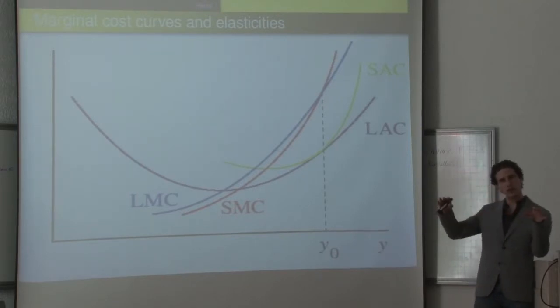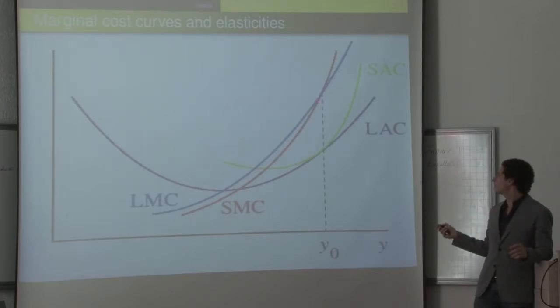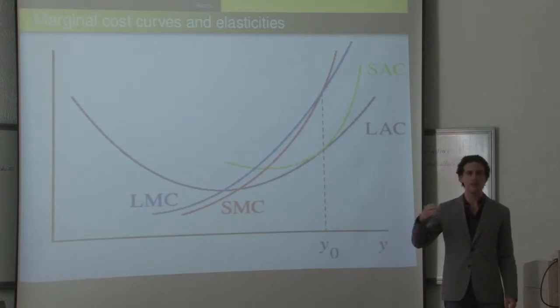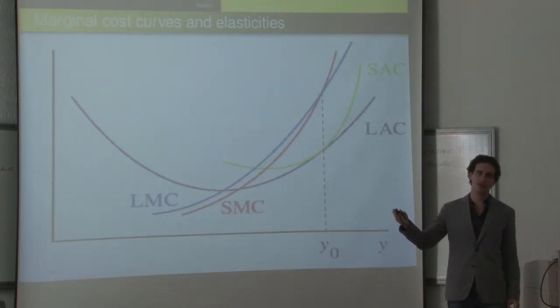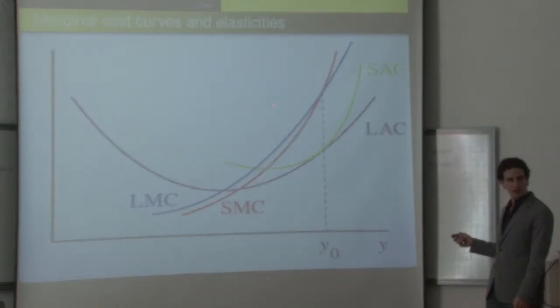When everything is where it should be adjusted to for the long run, then in the short run, if we're currently at that level, the cost has to be the same. But if we now move away from that equilibrium, it's going to be easier to adjust more things in the long run than in the short run. And what that means is that the long run marginal cost is not as steep as the short run marginal cost is. That is, it doesn't take as much to expand beyond, but we also can't lower our costs that much by reducing below that level, right?